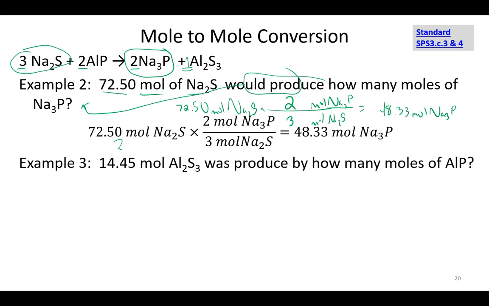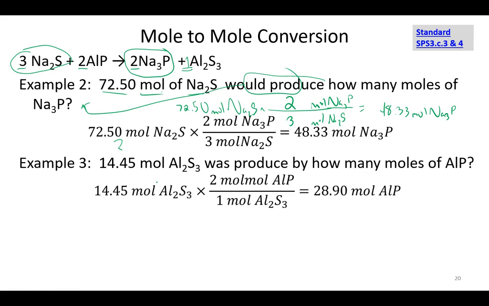So, next example. Different starting substance, different ending substance. That means my fraction in the center is going to be different, but it still comes from those coefficients. So aluminum sulfide is what I'm getting rid of. That means that 1 on bottom came from that coefficient.